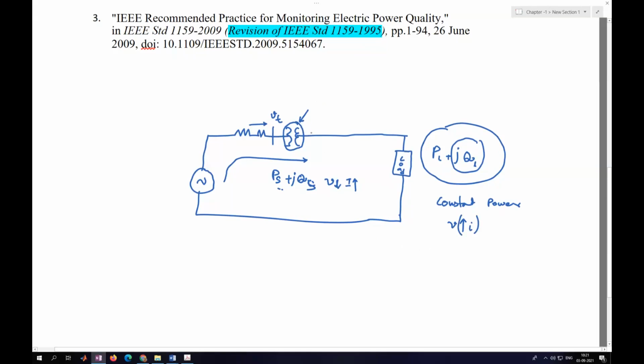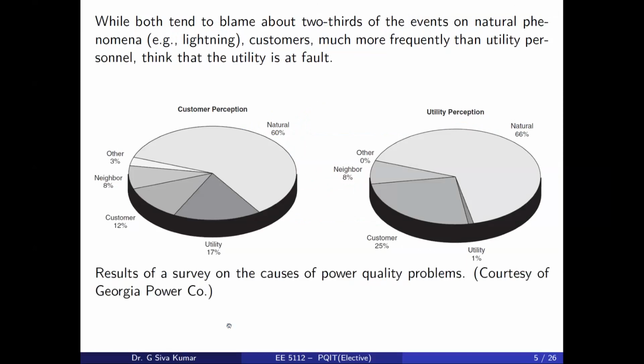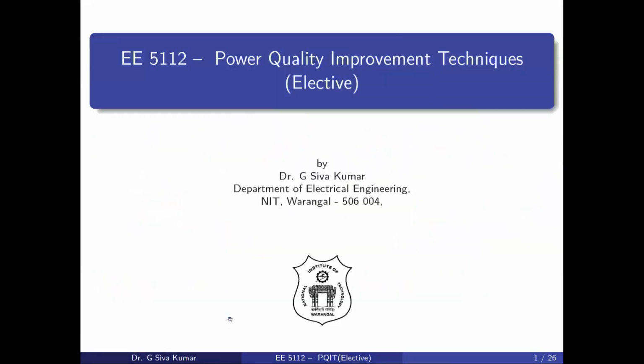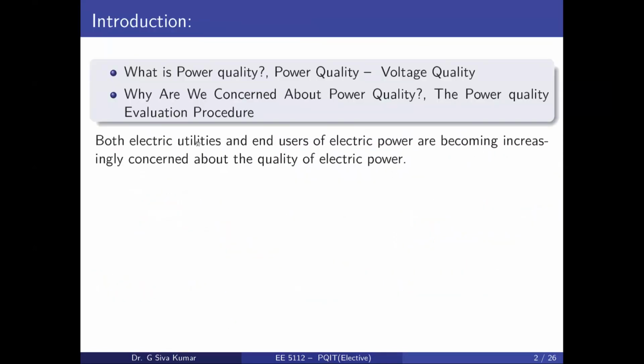Okay, this is one of the problems I'm just mentioning. One of the problems with respect to the electric utilities. Even like the electric utilities, there are other problems which they are going to experience, if all the loads are going to shut down.